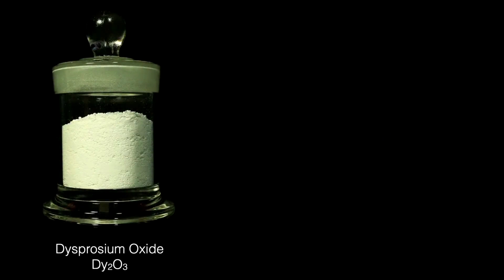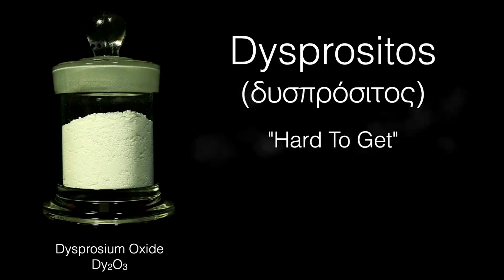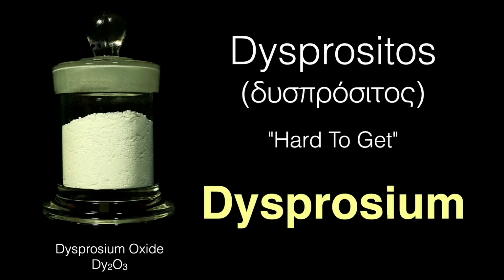Lecoq was only able to isolate dysprosium oxide after more than 30 attempts at his procedure. The difficulty of extraction led to the naming of the element. From the Greek dysprositos, meaning hard to get, he named the element dysprosium.